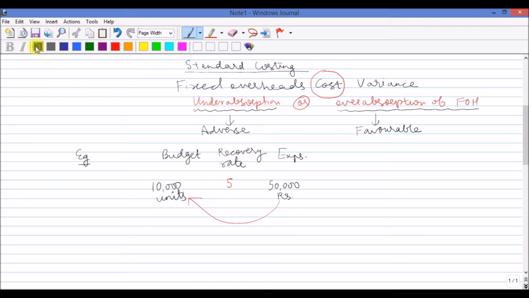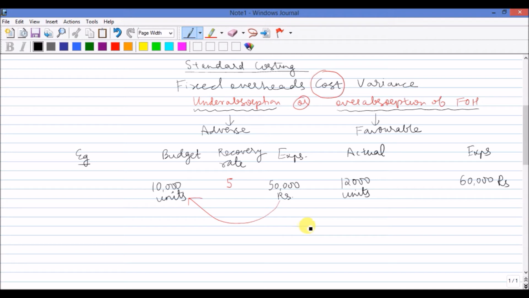Now what has happened at the end of the year? In actual, I had maybe sold 12,000 units. So it's good. I've sold more units compared to my budget, and in real the expense of fixed overhead was maybe 60,000. Now friends, try to understand it. I don't want to go into formula.